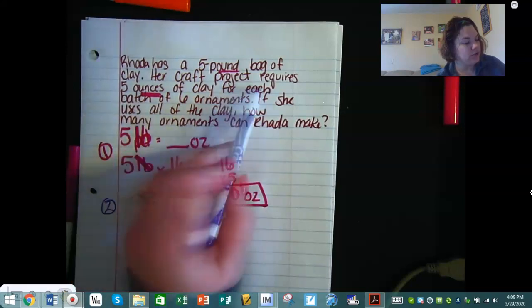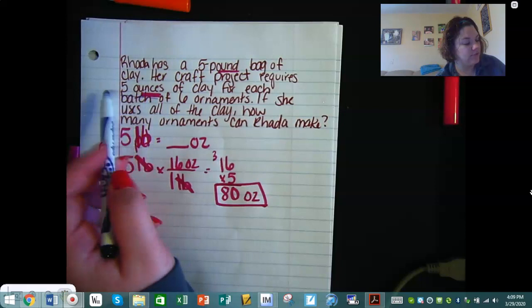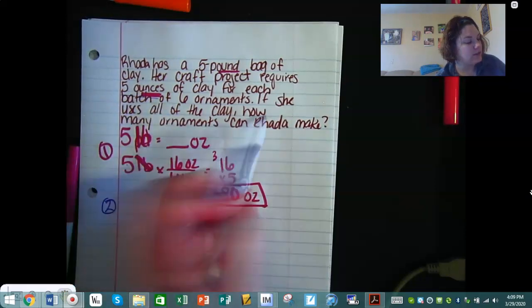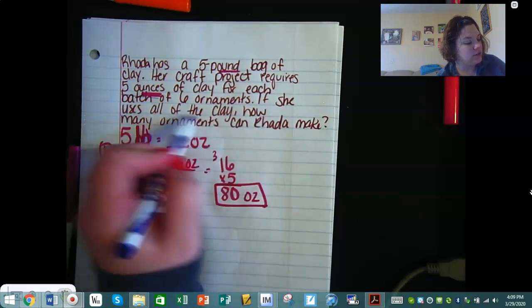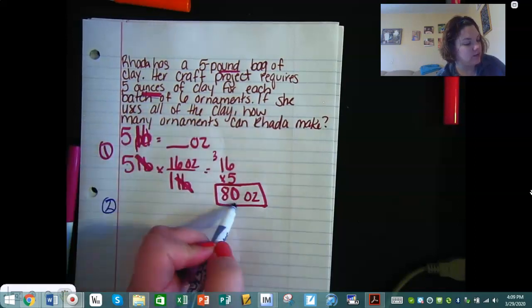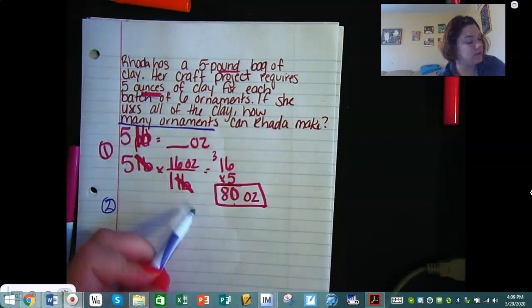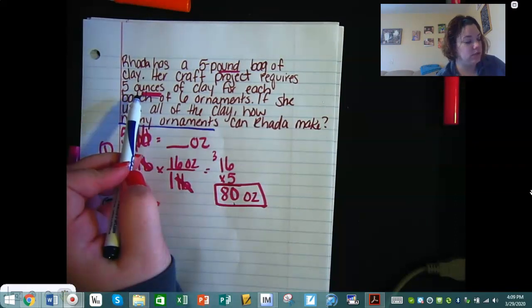Says her craft project requires 5 ounces of clay for each batch of 6 ornaments. And they're asking us, if she uses all the clay, which is 80 ounces now, how many ornaments? Okay, so first of all, we want to see how many batches we need, which is 1 batch is 5 ounces.